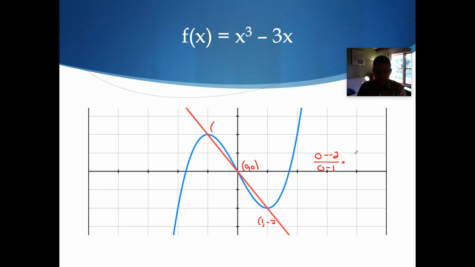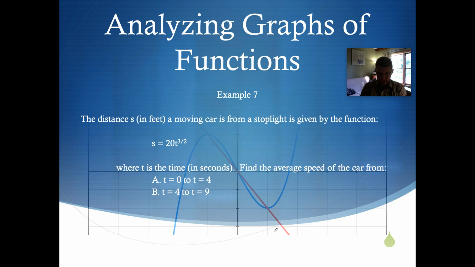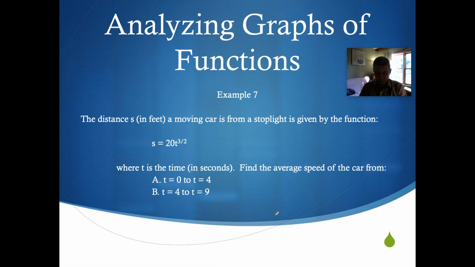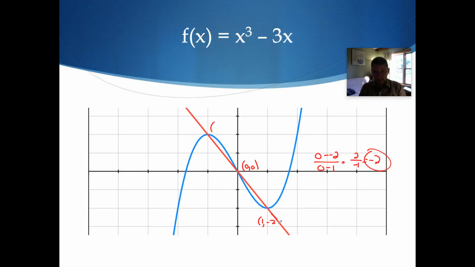That's going to give me 2 over negative 1, or an average rate of change of negative 2. And so for the function f of x equals x cubed minus 3x, between x equals 0 and x equals 1, my average rate of change is negative 2.